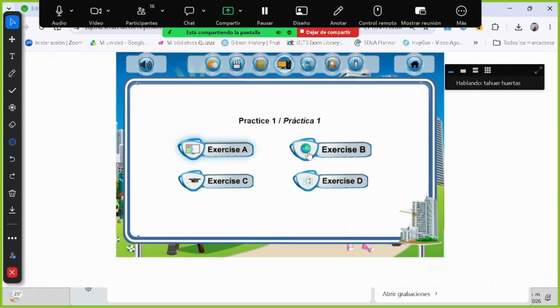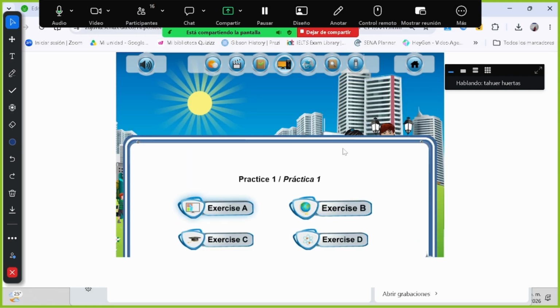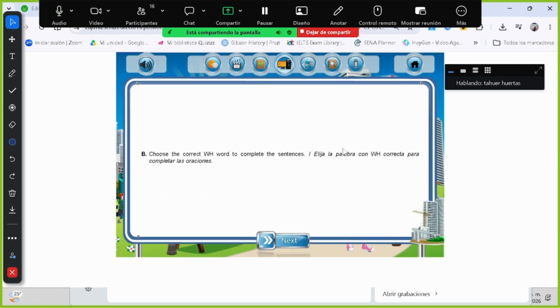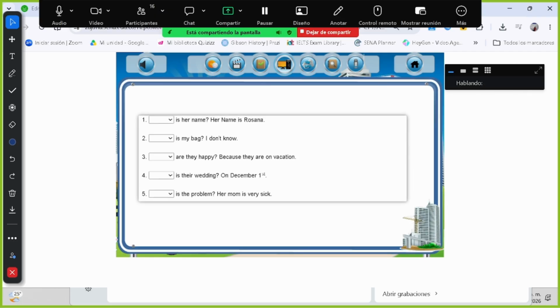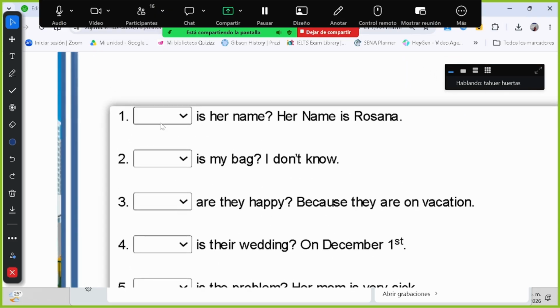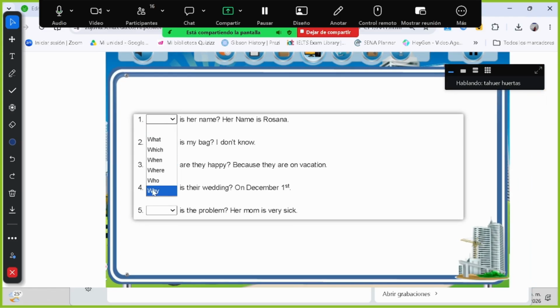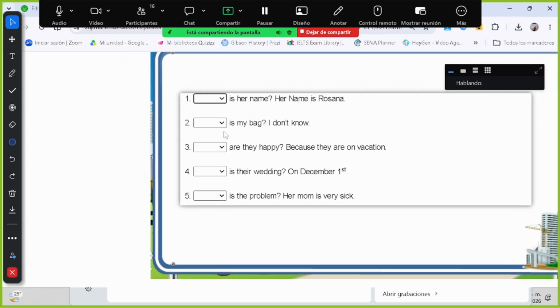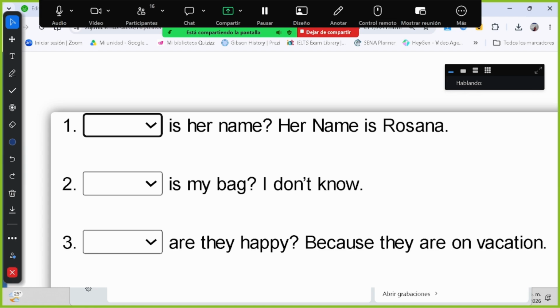Practice 1. Exercise B. Choose the correct WH word. Well, this is a different exercise. We just have to find the correct WH word. Alright. Okay.